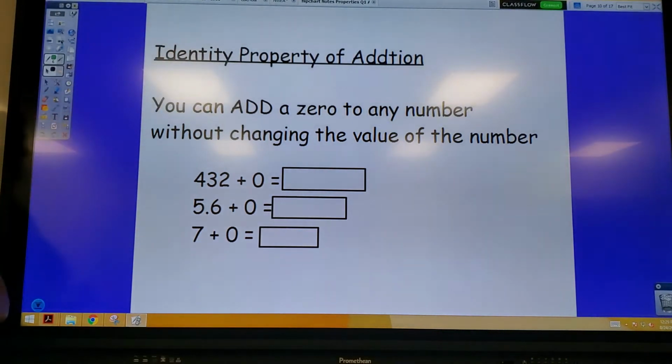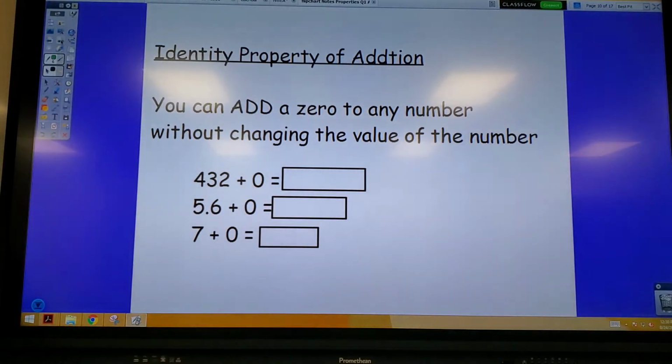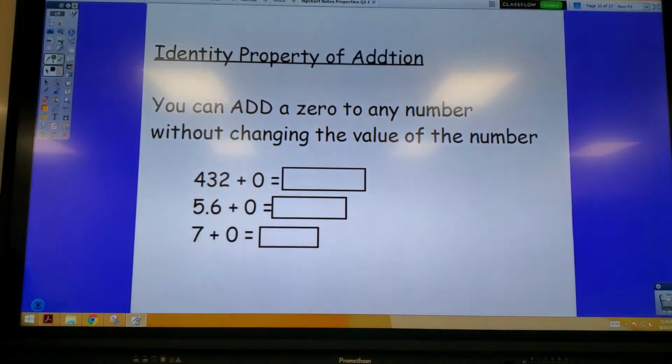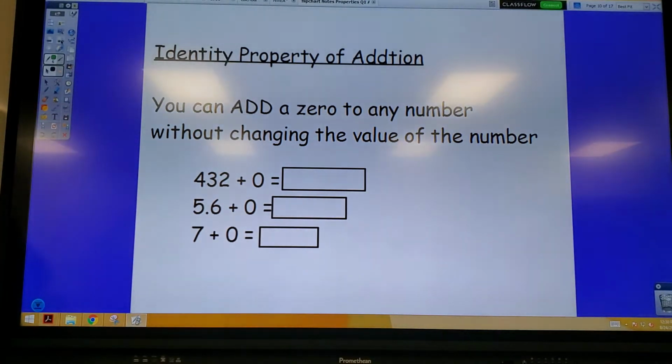Identity property of addition says you can add a 0 to any number without changing the value of the number. Okay, so again, I would write this property down.